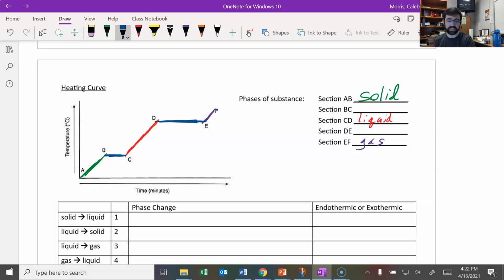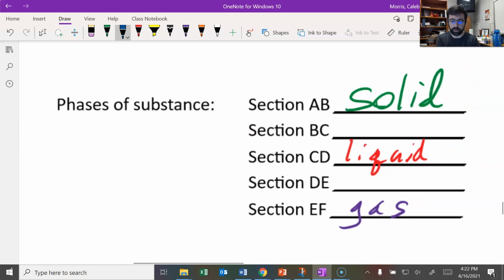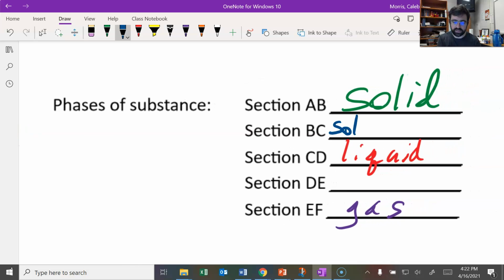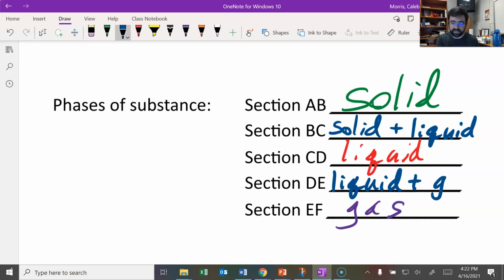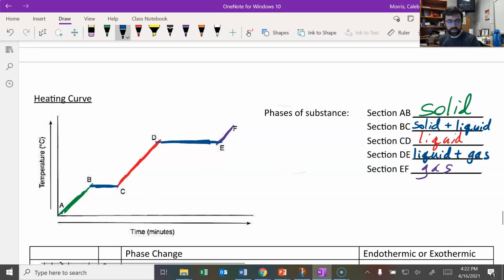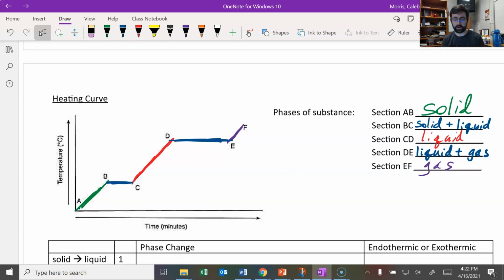So in section BC, we have two states of matter. We have solid and liquid. And in section DE, we have liquid and gas. Because that is where the phase change is occurring, between solid and liquid, and between liquid and gas.